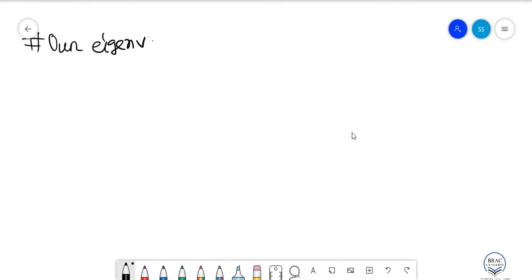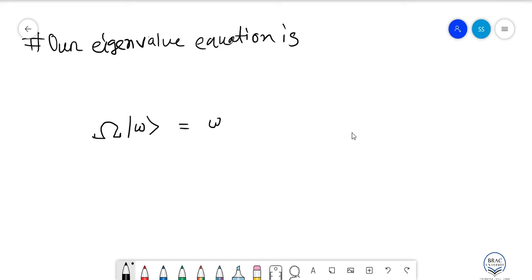So let me write it down again. Our eigenvalue equation is omega, this is our operator again, this is our state, and let's say this has eigenvalue small omega and the eigenket small omega with the ket.